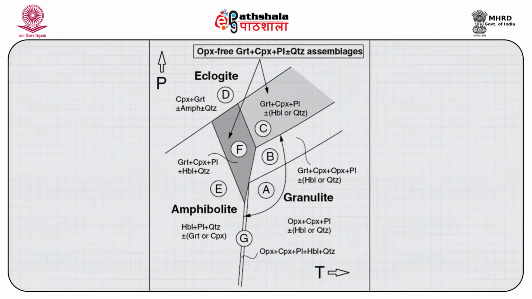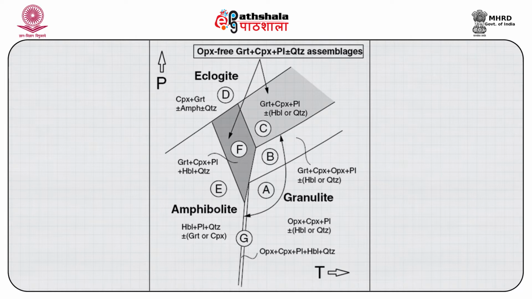But there is every likelihood that hornblende continues at least partially into the granulite facies. And then you see that in the higher pressure region in the eclogite facies you do not have plagioclase.